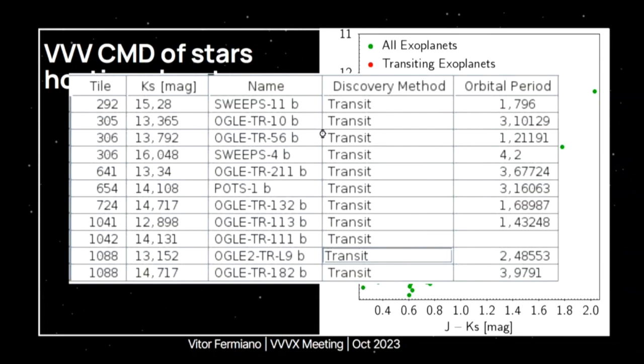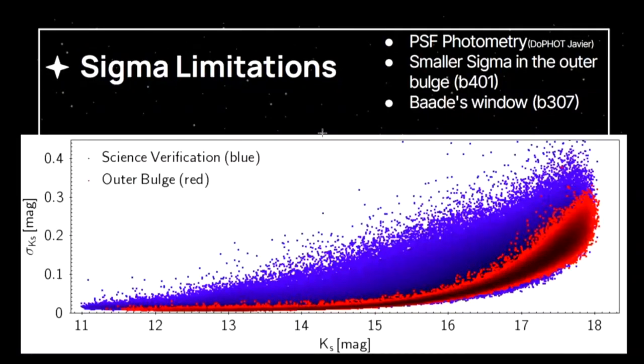I talked about the sigma limitations, and here we have a plot of the sigma error against magnitude. This is an inner bulge and outer bulge plot. You can see that in the inner bulge you have much greater dispersion, increasing quickly starting at a magnitude of 13.